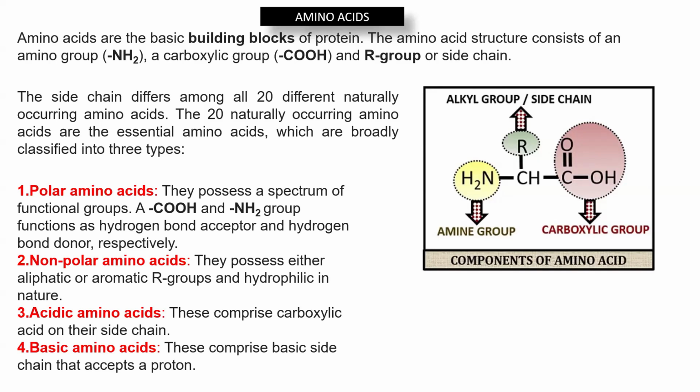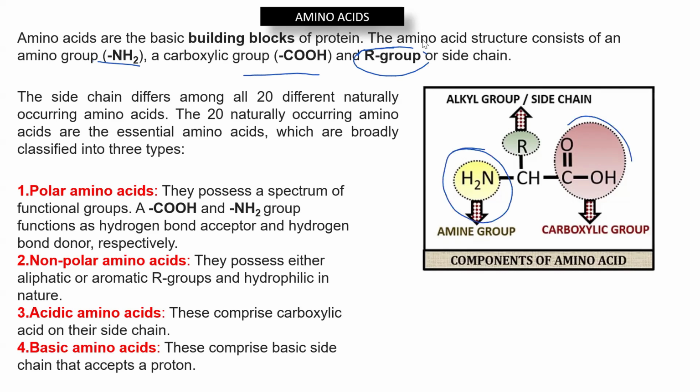The structure of an amino acid consists of two major functional groups: an amino group and a carboxylic group, and there is also an R side chain. This is the general structure of an amino acid.